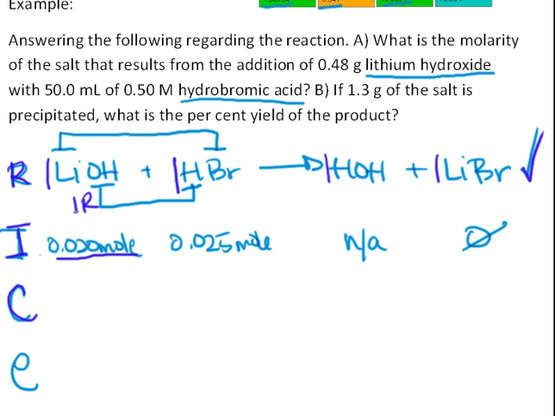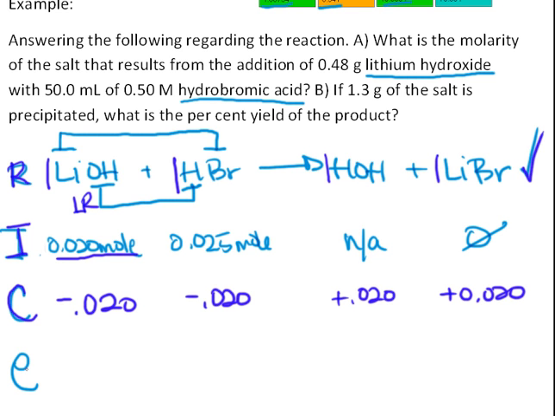So this is our limiting reactant. So our change then, in a reaction, the limiting reactant is always consumed. It's fully consumed, so our change will be the subtraction of the amount of our limiting reactant from our reactant side and adding this to our product side.